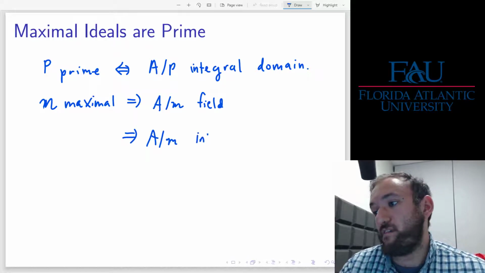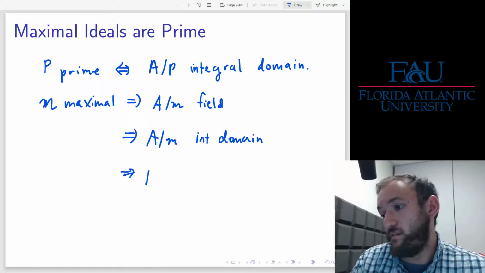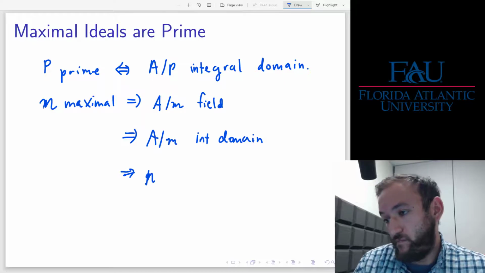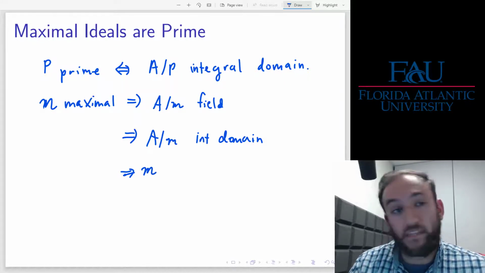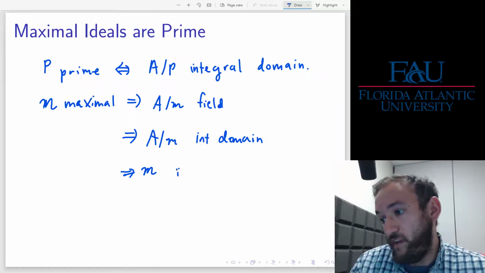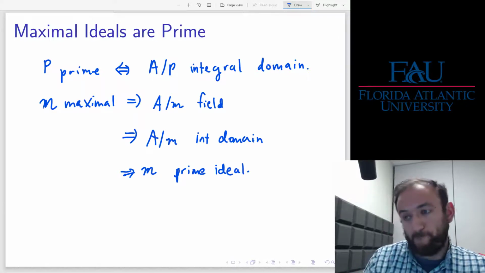So that means that M itself must be a prime ideal.